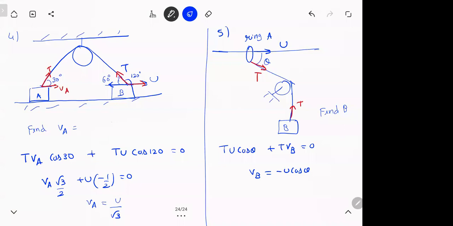Have a look at 4 and 5. Ask me if there's any doubt. So this method becomes quite useful, even when angles are involved. Any doubts, please ask me.